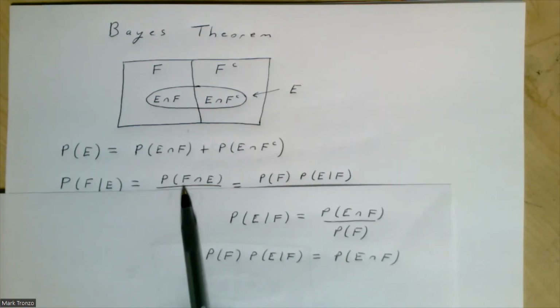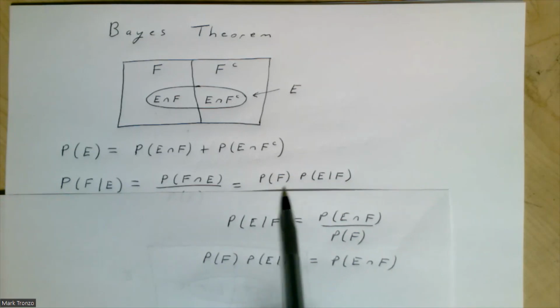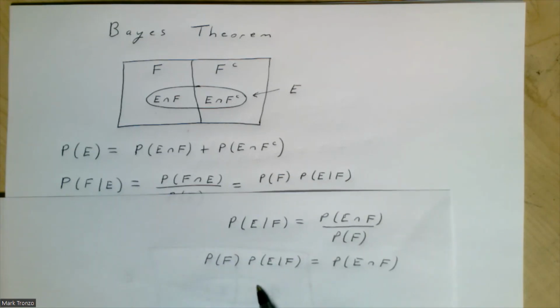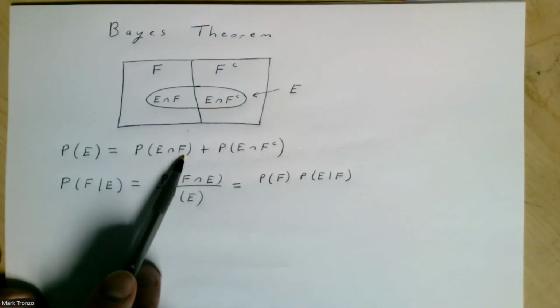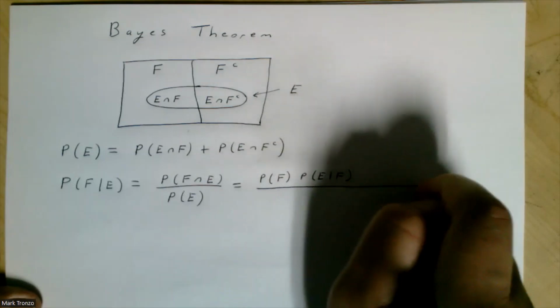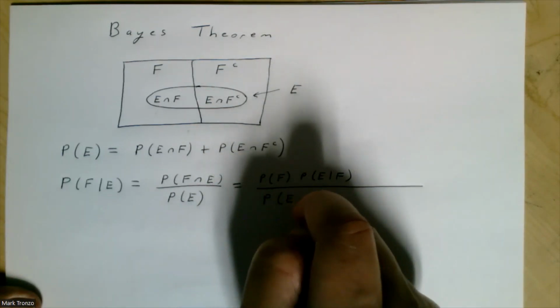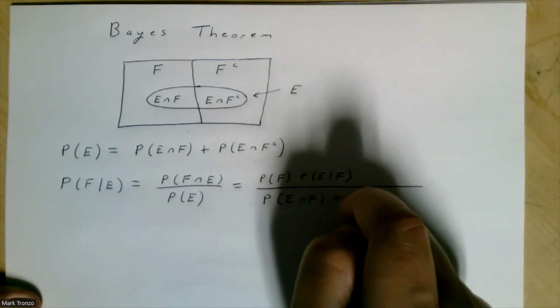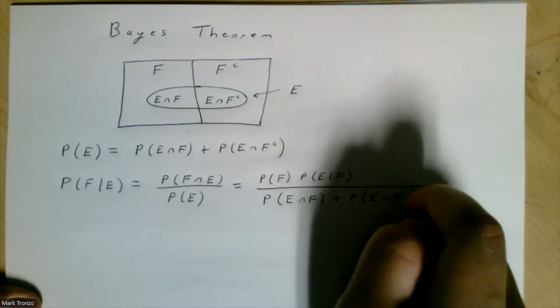I replaced the probability of this intersection with this times this. In the denominator, we can just use what we have up above, which is the probability of E intersection F plus the probability of E intersection F complement.